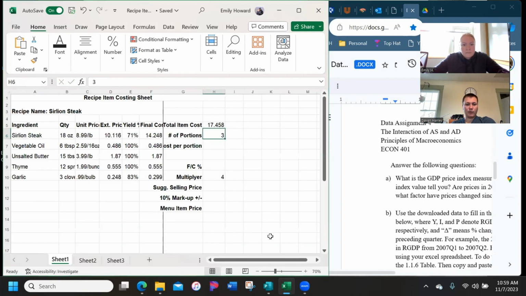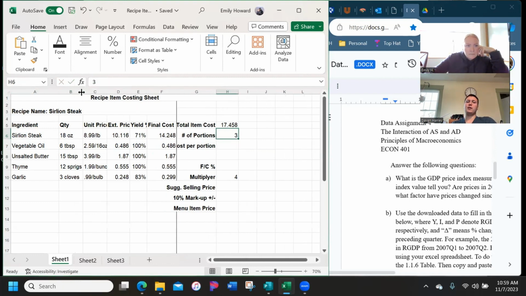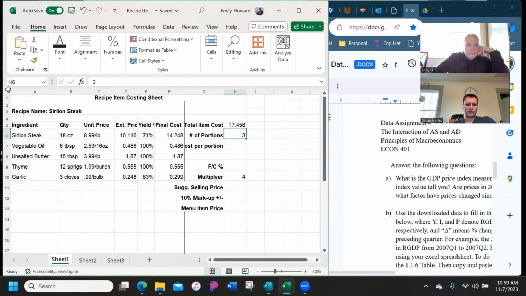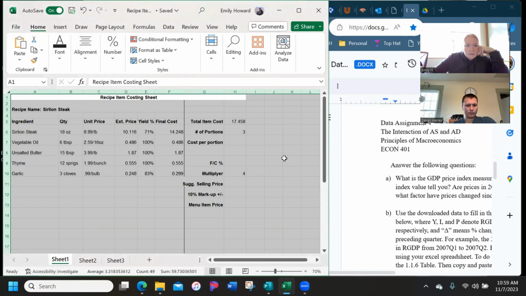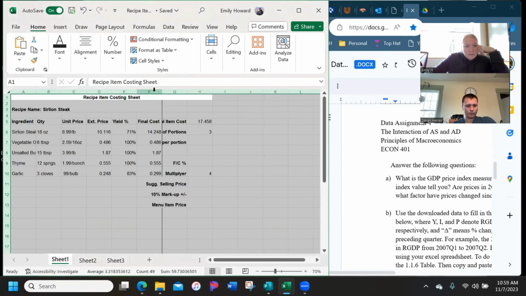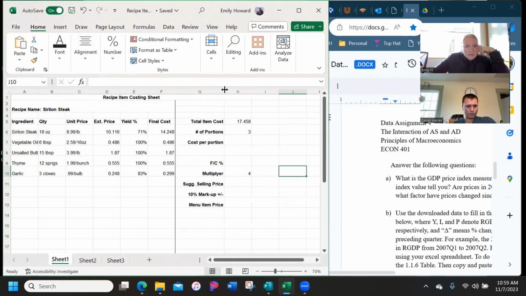The only thing to remember is if you do add more recipe ingredients, you'll want to make sure your total cost is the sum of everything. There we go.